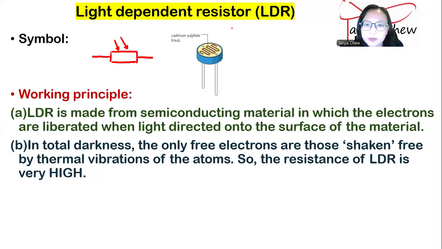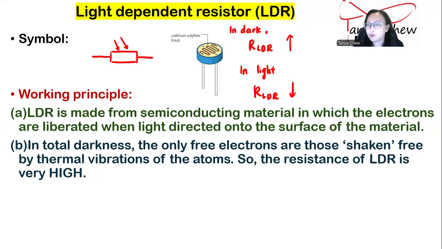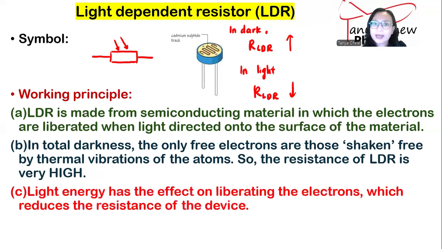You have to remember this. In dark, resistance, I put RLDR, meaning resistance of LDR, is quite high. But what about in light? With light or in sunlight, resistance of LDR will be low. You have to memorize this. Light energy has the effect of liberating the electrons, which reduces the resistance of LDR. That is why during the daytime, the resistance of LDR is quite low.